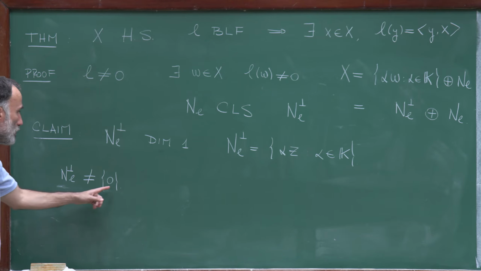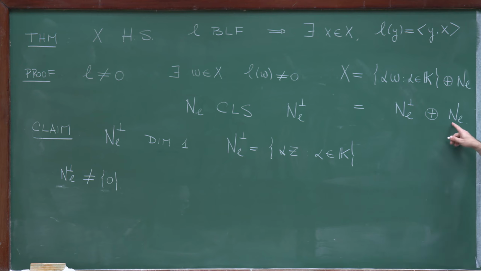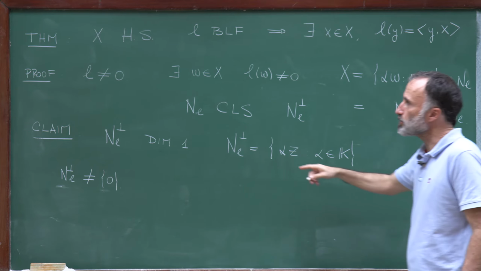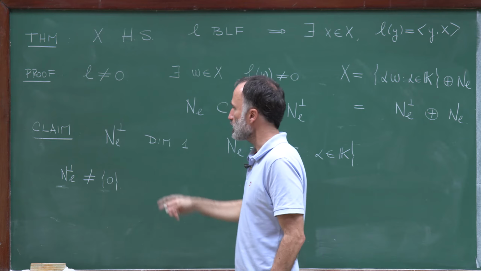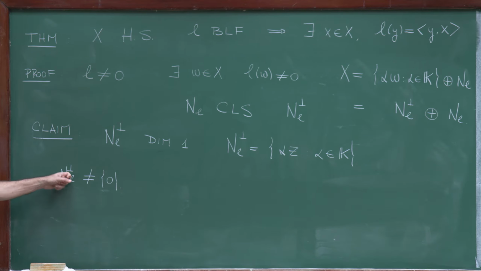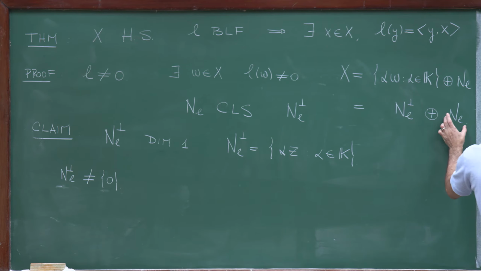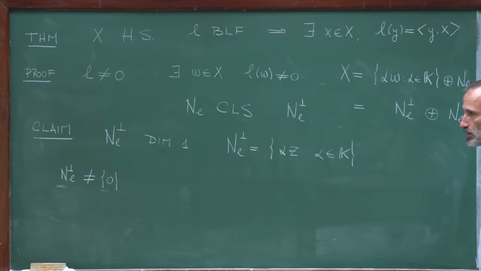Because if it were equal to 0, that would mean that NL is equal to X, and if NL is equal to X, this means that L is equal to 0, but I'm starting here from L different from 0.